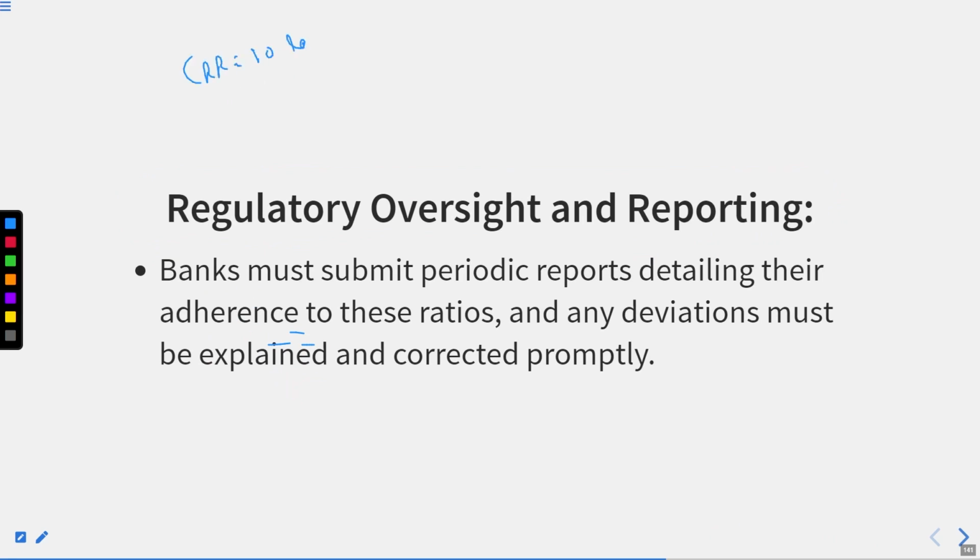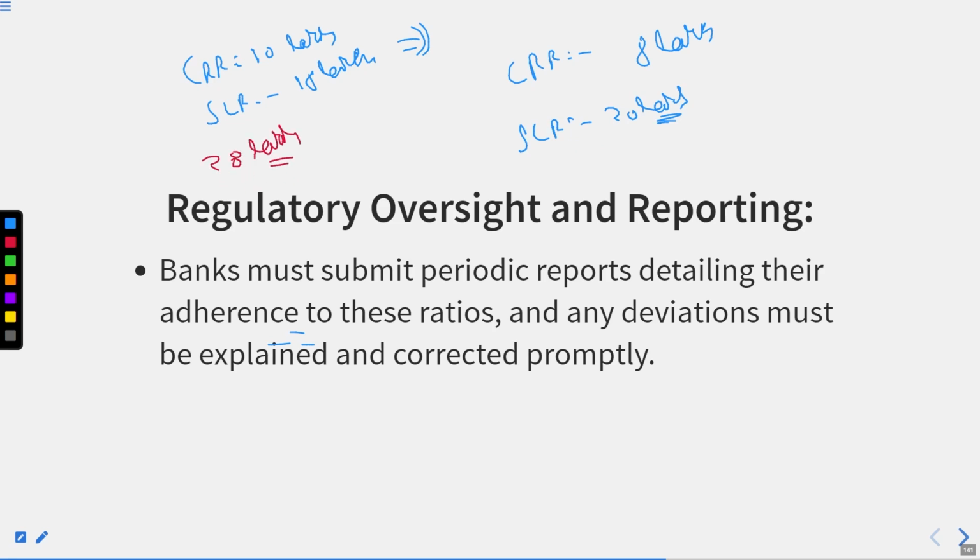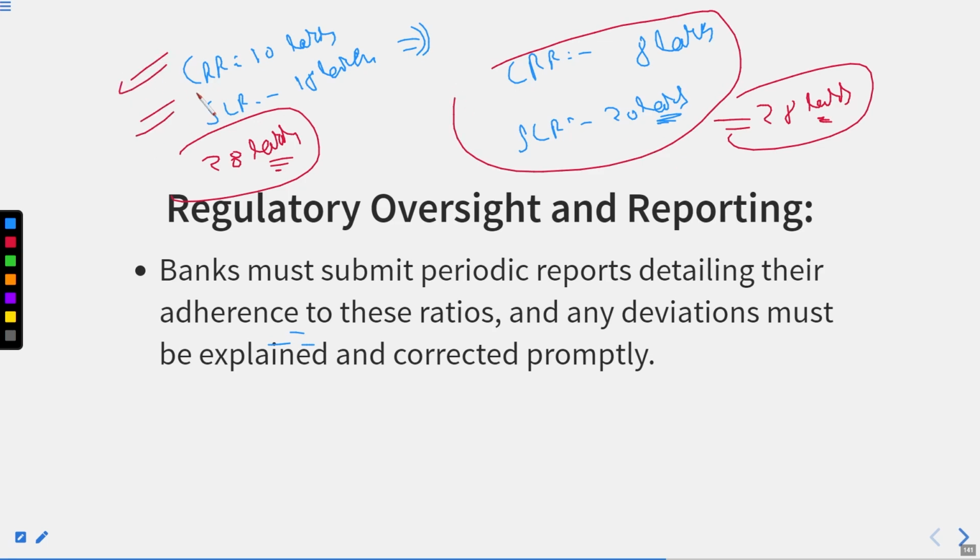Which means if the CRR should be 10 lakhs and the SLR should be 18 lakhs, and RBI found that the CRR is 8 lakhs and the SLR is 20 lakhs, the RBI will not consider that the prescribed amount was 28 lakhs and now we have 28 lakhs, so there is no problem. The RBI won't consider it. They will ask why this deviation is there. So the bank has to explain this to the Reserve Bank of India.